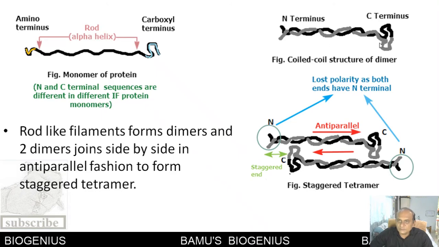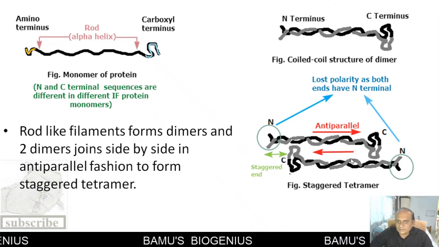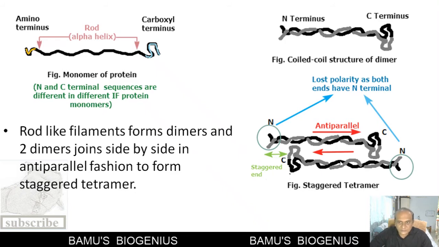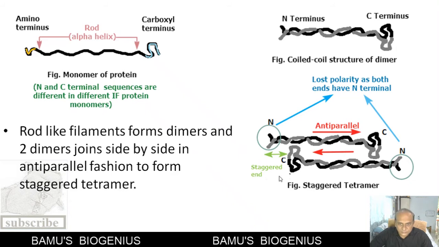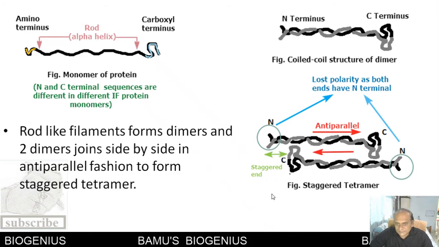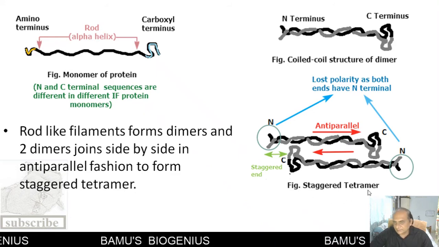Now when these two dimers attach with each other side by side, they lose the polarity. The mechanism of attachment is very unique, known as a staggered end. So a gap is there, so it is called a staggered end, and this is known as a staggered tetramer.